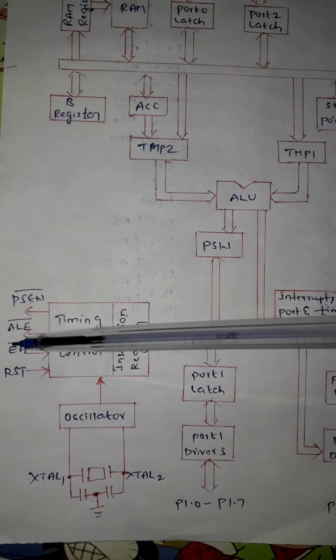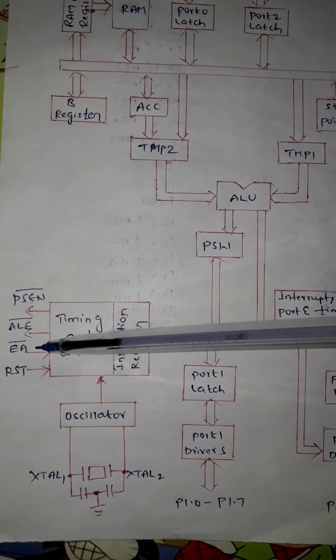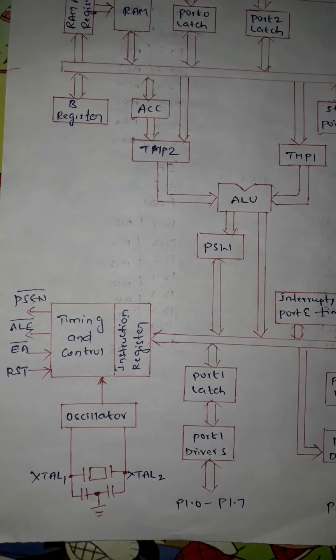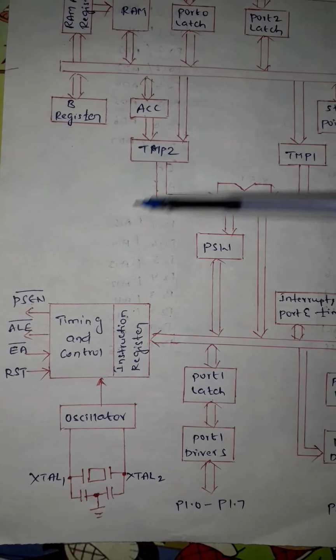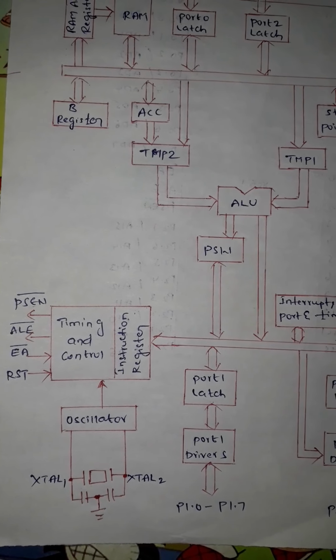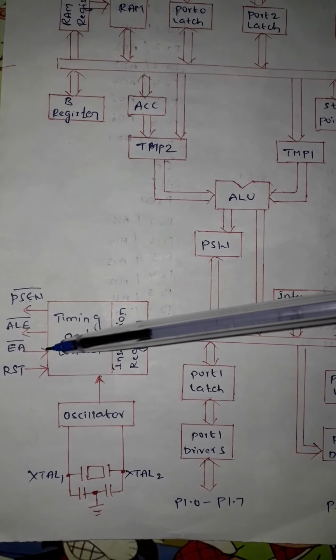EA is the external access pin, an active low pin. When EA is 0, the user wants to access the program from the external memory. If EA is 1, the user wants to access the program in the internal memory. So it depends upon the EA bar, external access pin.